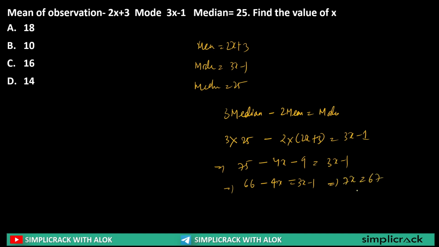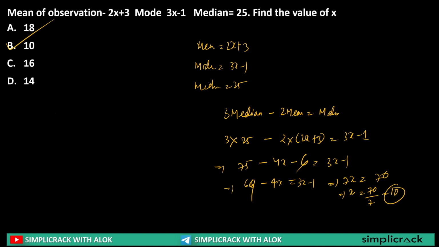Let me check if I have not made any error. 75 minus 2 into 2x plus 3, okay, 4x plus 6. See, this happens. So this is 69, okay, and this will come to this side, so this will be 70. So 70 by 7 is equal to x, x is equal to 10. So the answer is 10.